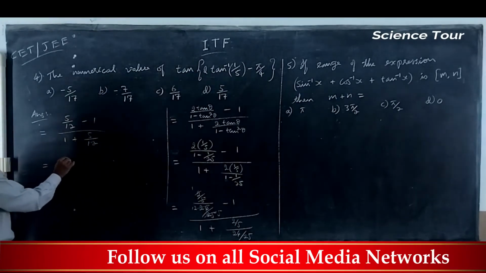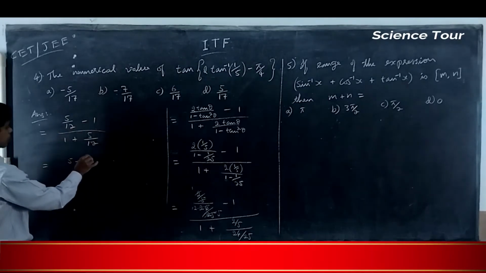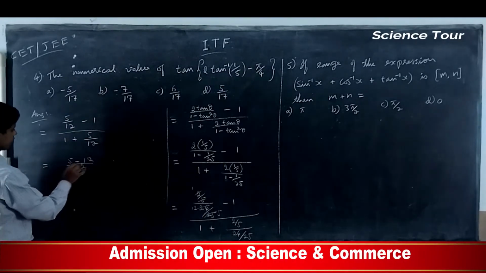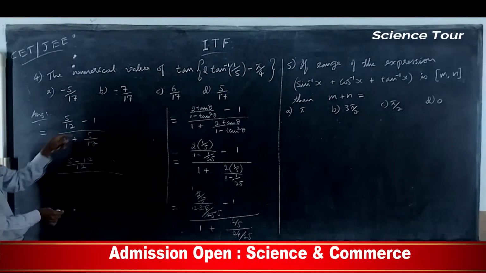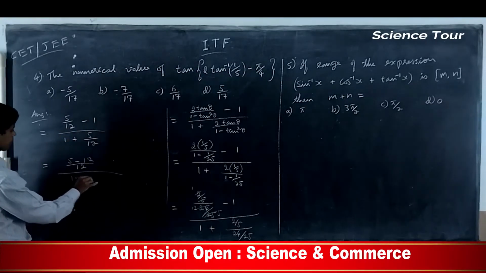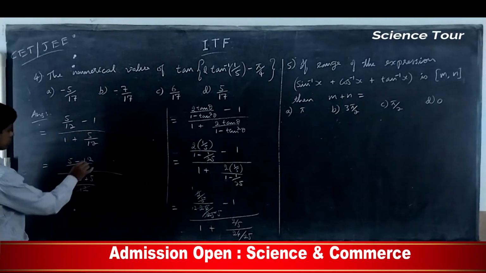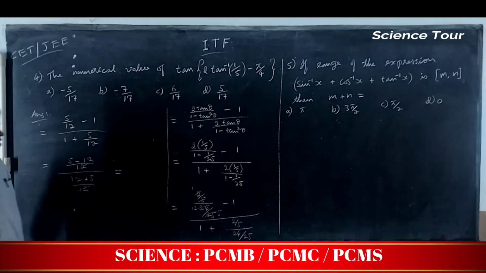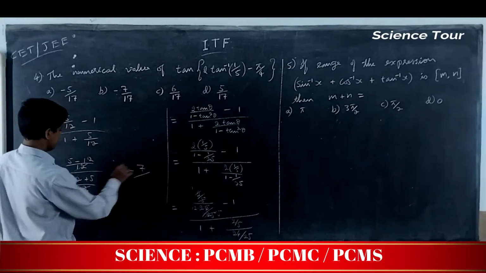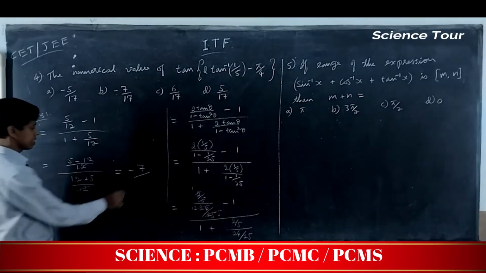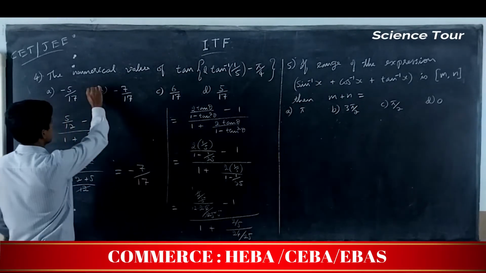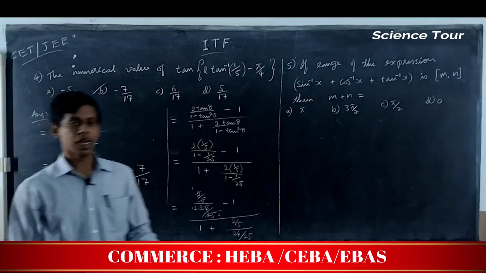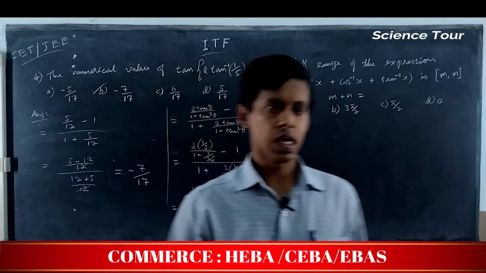Now you can take LCM. So 5 minus 12 divided by 12 whole divided by 12 plus 5 divided by 12. The 12 gets cancelled, and 5 minus 12 is minus 7, divided by 12 plus 5 is 17, and that is option B. So minus 7 by 17 is the answer.